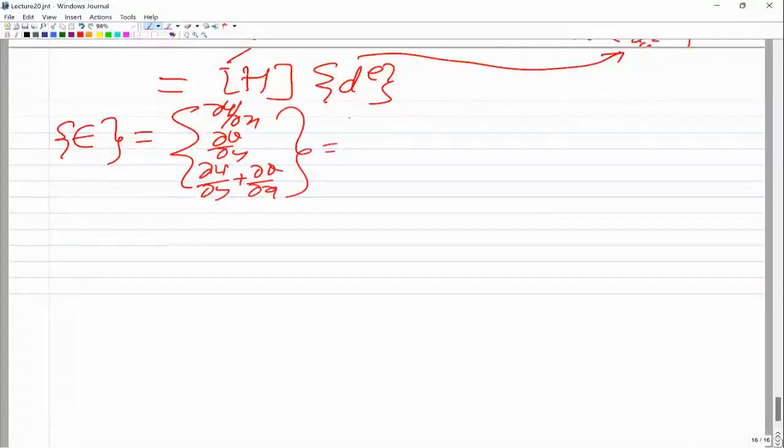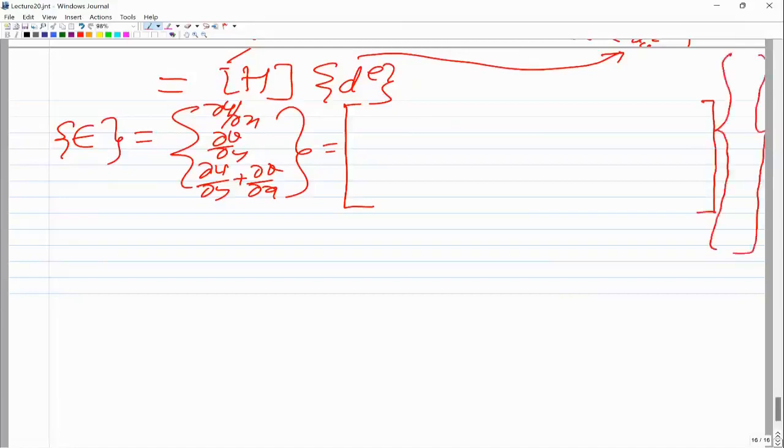So again, we have the strain displacement matrix, and then the vector of elemental degrees of freedom, that is u1e, v1e, u2e, v2e, u3e, v3e, u4e, and v4e.